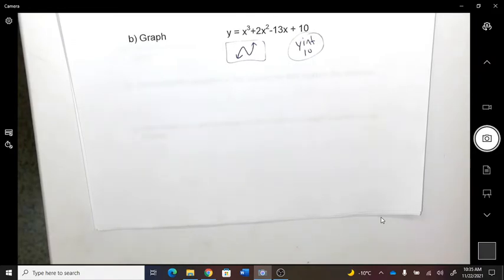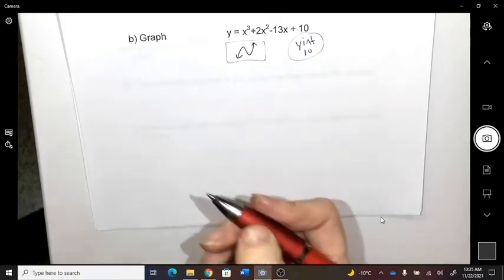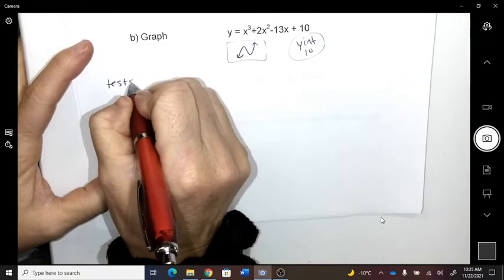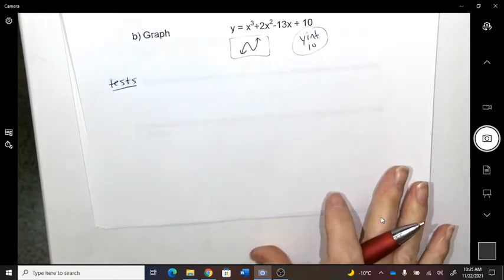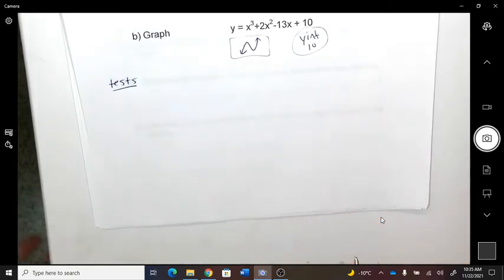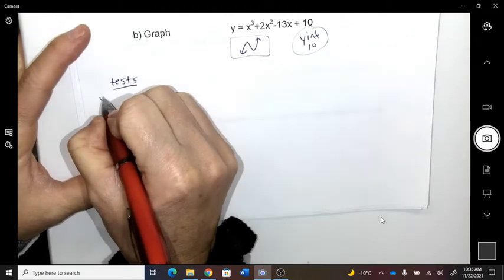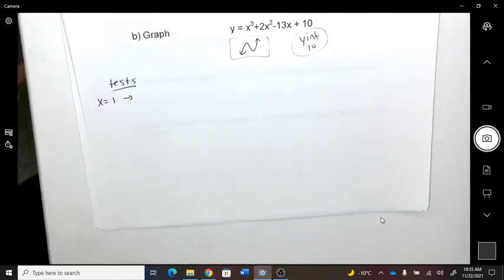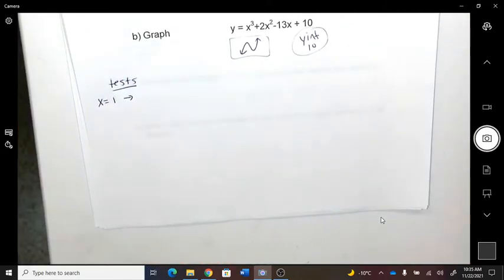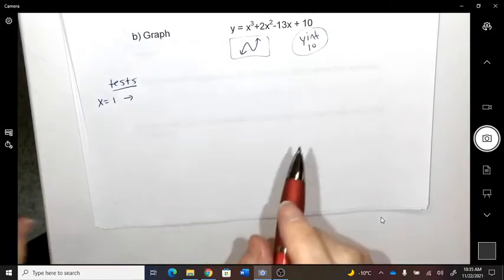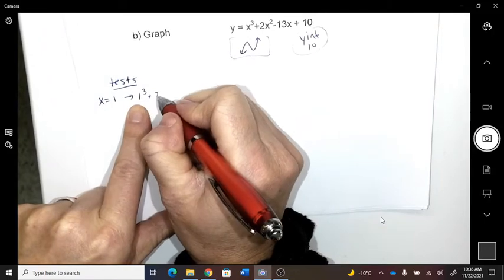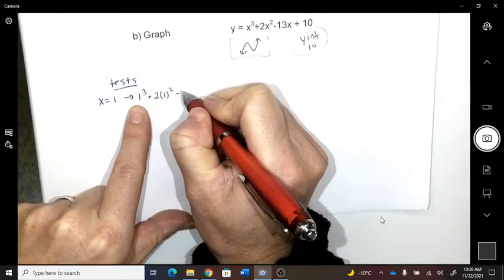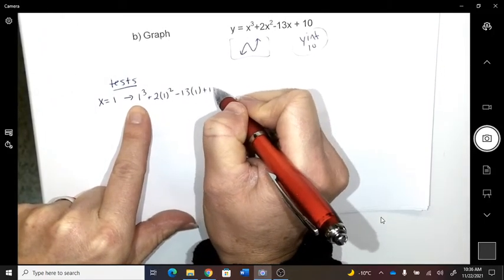So where do I start if I have nothing to start with? I need to start some tests. What's the first number you should start with to try? Try x equals 1. Okay, ready? 1 cubed plus 2 times 1 squared minus 13 times 1 plus 10.